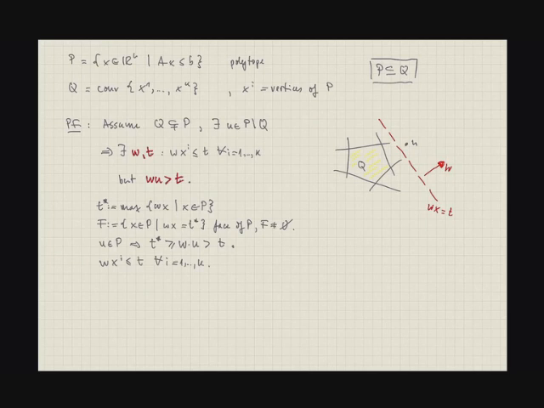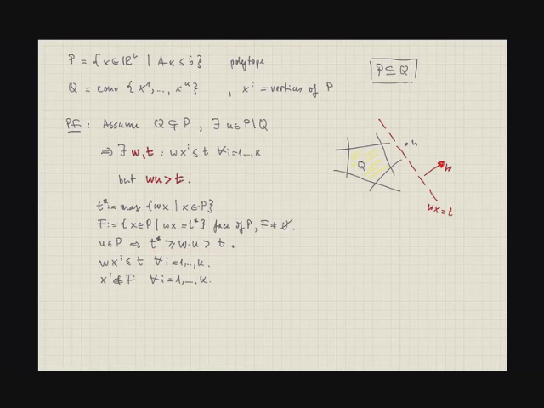So in particular, none of the vertices obtains this optimum objective function value T star, and hence none of the vertices is contained in this face F. So xi is therefore not contained in F for all i going from 1 up to k, simply because the value is smaller than T and the optimum value is strictly larger than T.